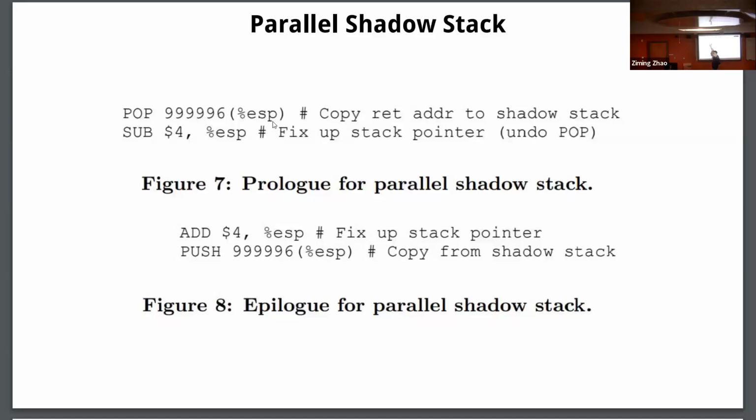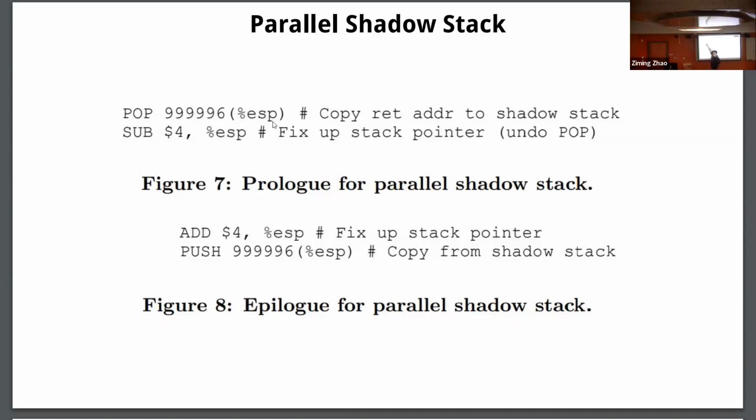Yes, that's why you need to subtract 4. That is the main stack. It will not be changed to where the shadow stack is. It will just increment 4 bytes. That's it.